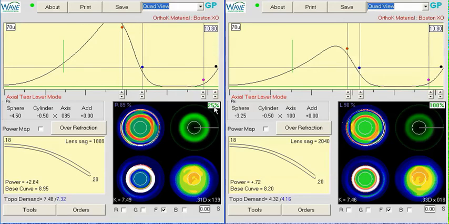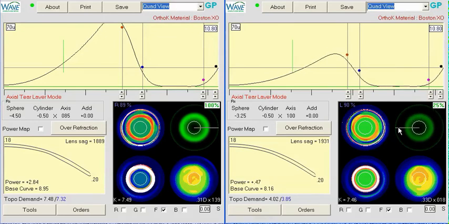Okay, and that's a little bit more uniform. In the left eye, with a +2 add and minus 150 residual prescription, we could probably drop that down. And again, go through the different meridians and double check our powers.